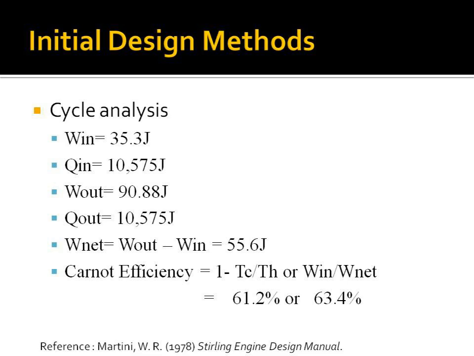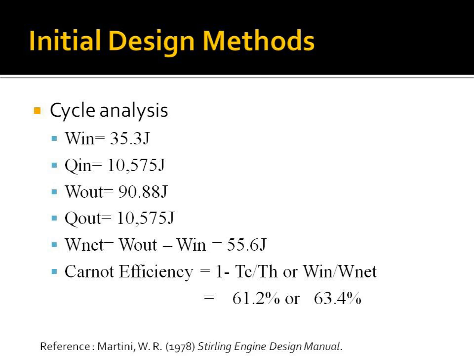Heat input, for me, it's going to be solar input, looking at 10 kilojoules. The work output then 90 joules, usable work. So then the net work is the work output minus the work input, and we're looking at 55 joules of useful work, and a Carnot efficiency of 61 to 63%, which is on the higher scale of the 40 to 60% seen in the Stirling cycle.